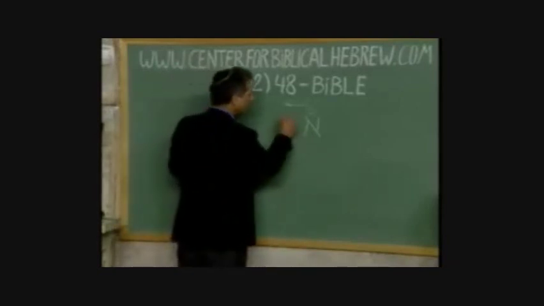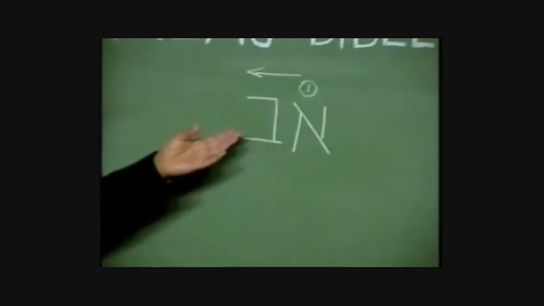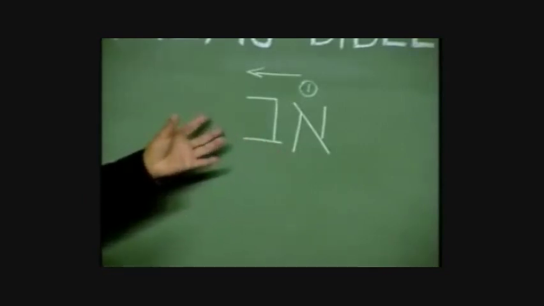Then the second letter of the aleph-beyt is the letter bet. This is why it's called aleph-beyt. So the letter bet, also graphically you can see, it represents bayit, which is a home or a house.